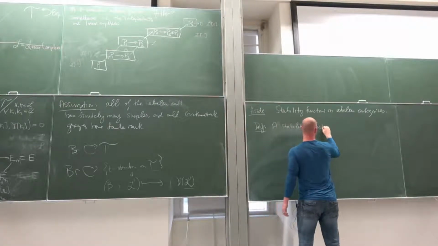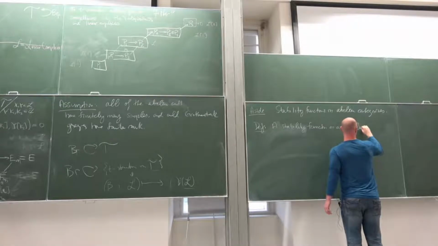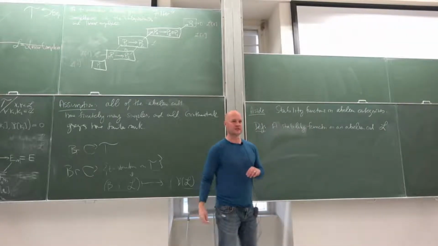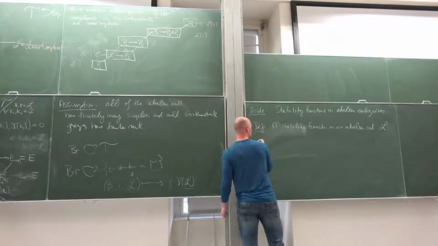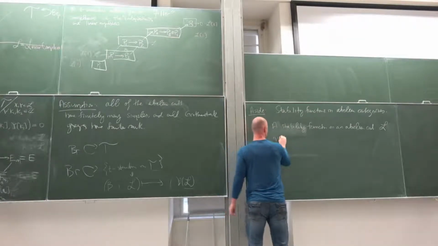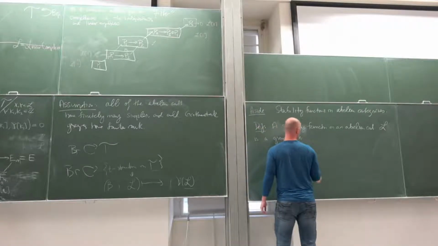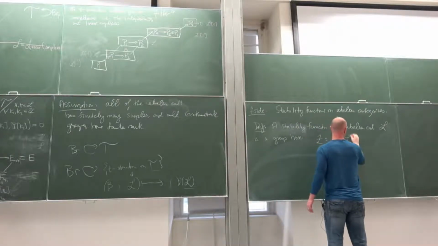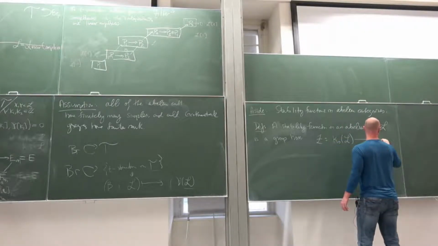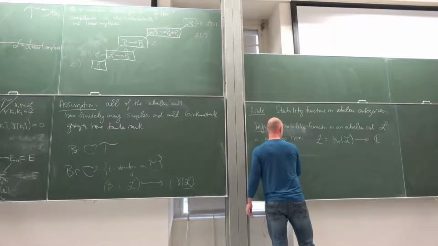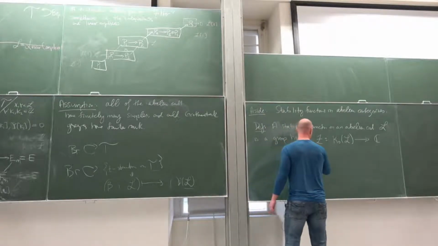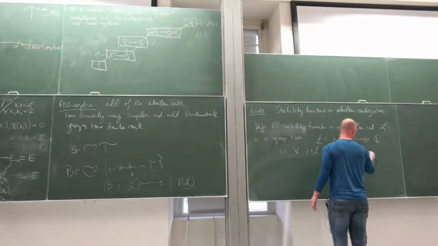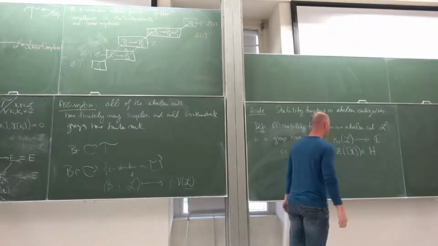A stability function on an abelian category, which I'll call L, because the one that we'll start thinking about in a moment is linear complexes, is a group homomorphism, typically denoted Z, from the Grothendieck group of L to the complex numbers, such that if I take any object in L, the class of that object lies in what I'll call H, which is the strict upper half plane.